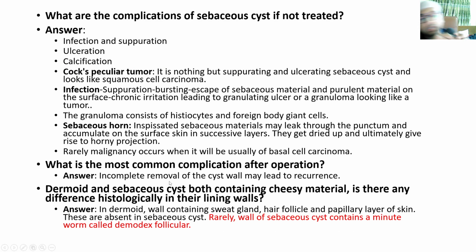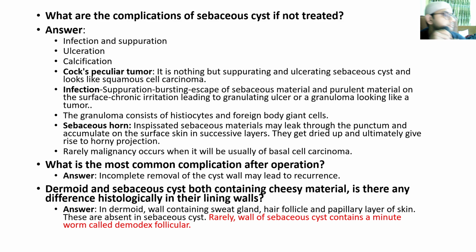Okay, so what are the complications of a sebaceous cyst? Infection or suppuration, ulceration, calcification, and sometimes sebaceous horn. If you see Bailey and Love's surgery book, you will see a female patient with a sebaceous horn on her forehead. That is nothing but a sebaceous horn, right?